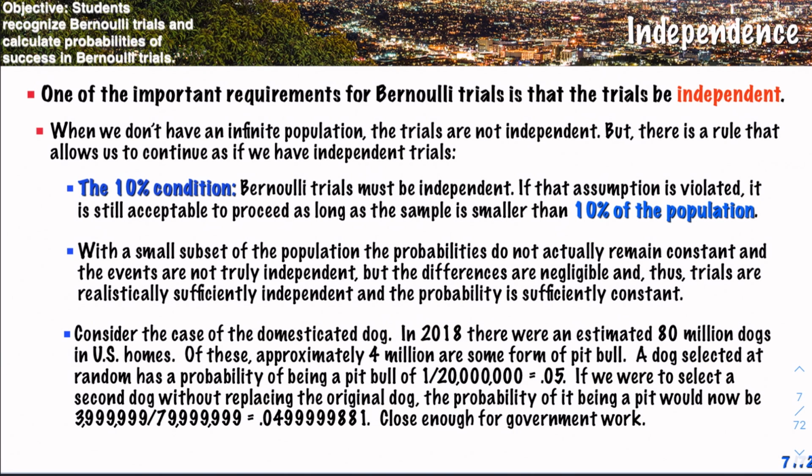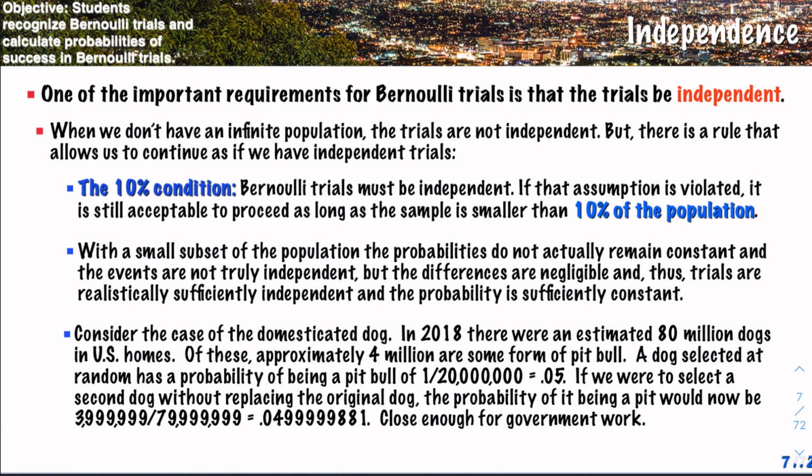When we don't have an infinite population, the trials are not independent. But there is a rule that allows us to continue as if we do have independent trials, and this is the 10% condition. I want you to get used to seeing this 10% condition because it comes up again and again and again.